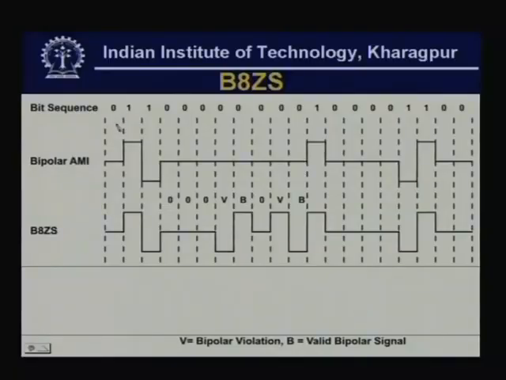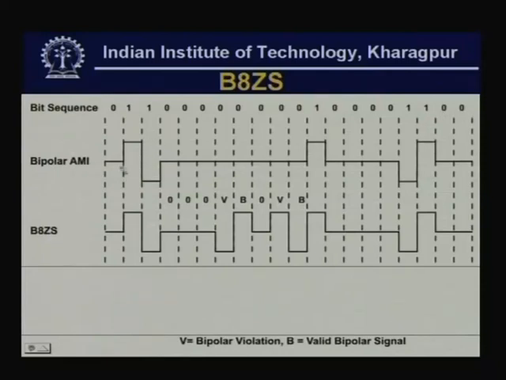Let me illustrate it with the help of an example. Suppose the bit sequence is 0 0 0 1 1 0 0 0 0 0 0 0 0. Here you have got 8 zeros, 1 2 3 4 5 6 7 8, and after that it has 1 0 0 0 0. There are 4 zeros. After that there is a 1 1 0 0.